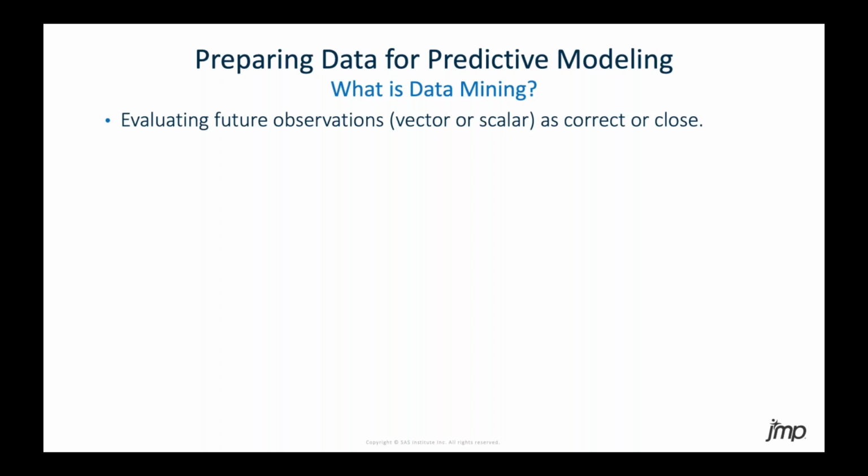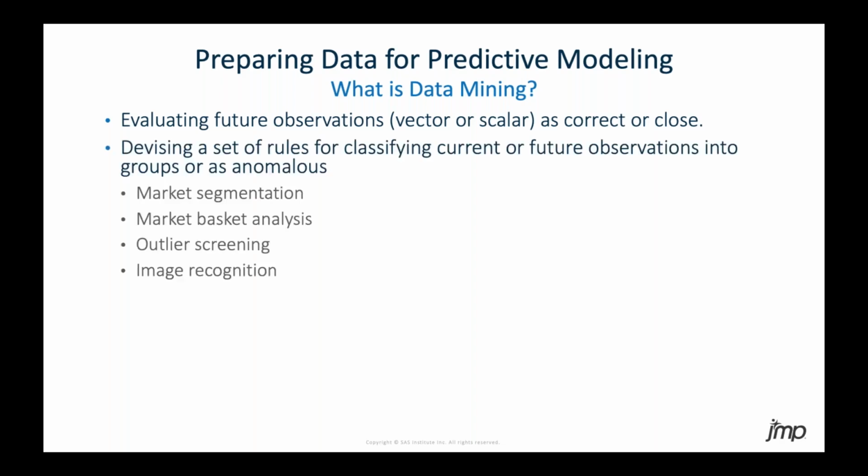The first is evaluating future observations, and those observations can be vector or scalar in nature. And here you know what you're looking to target. So you know what's correct, you know what's close. I am trying to come up with a set of inputs, a set of structures that would allow me to predict future observations. That's one part of data mining, and that's really where we're going to be spending most of our time when we talk about predictive modeling.